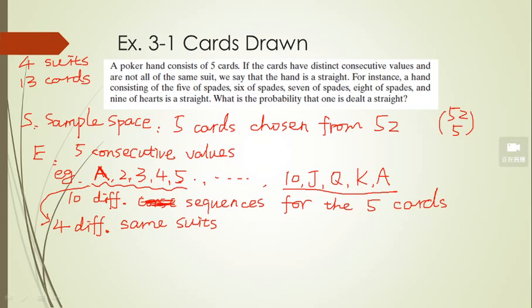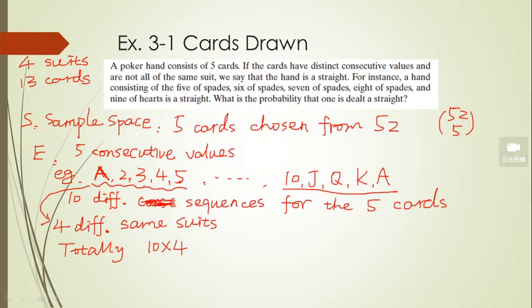Then how many in total? Each sequence you are going to have 4 in the same suit, until the last one. So totally we will have 10 times 4, because we have 10 sequences and each one has 4 suits. Those 5 cards are all spade, so they are not called a straight.